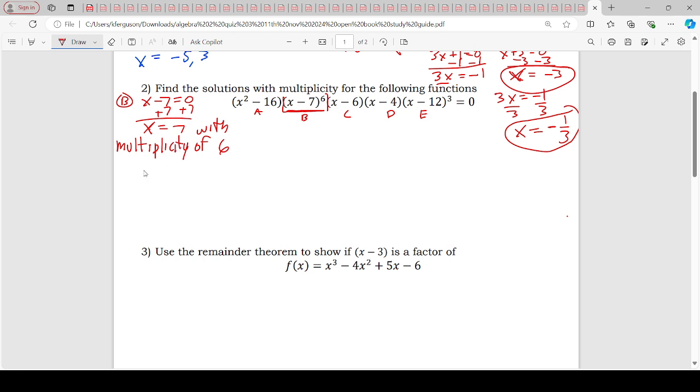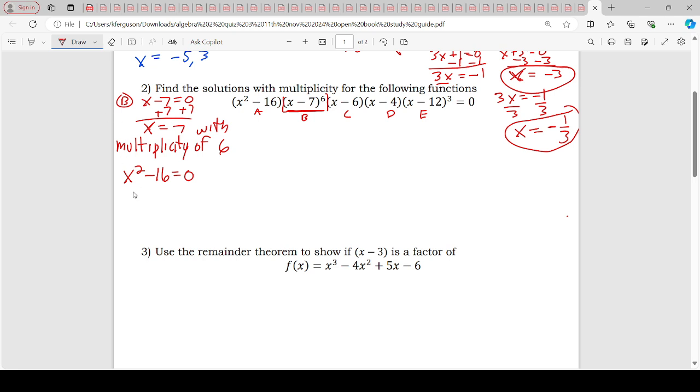So the first one, I've got x squared minus 16 equals 0. Does anybody recognize that? What does that look like? We've talked about it a ton of times. Starts with a D. This right here is the difference of squares.